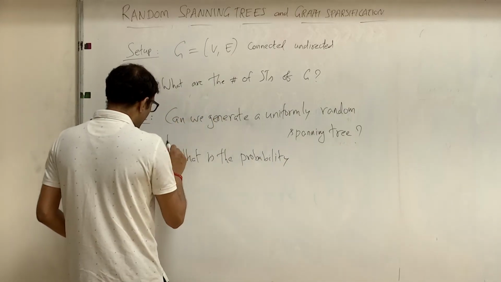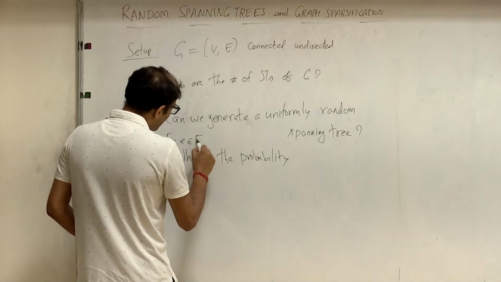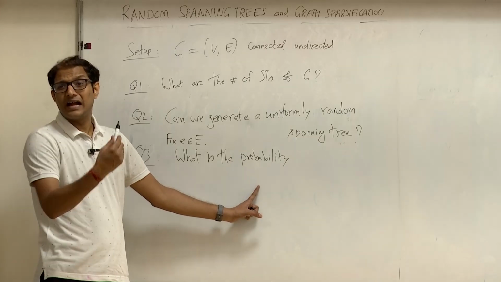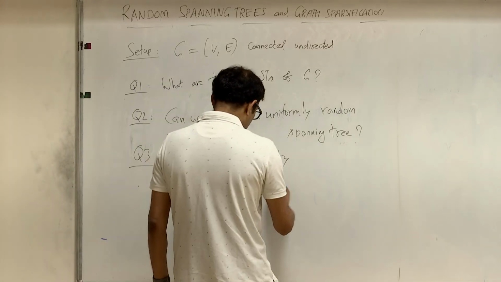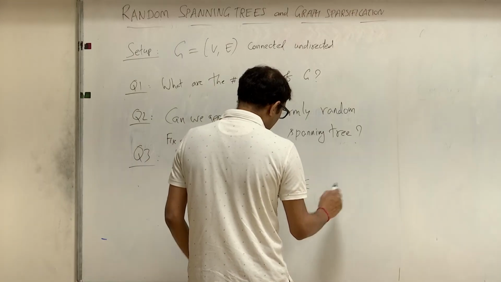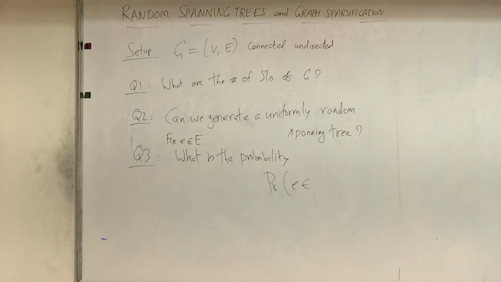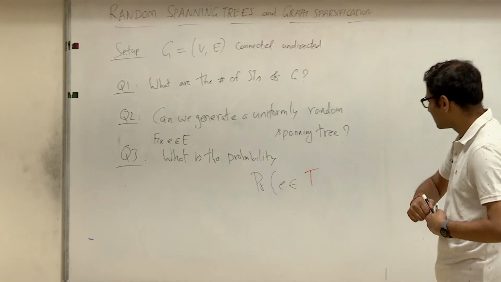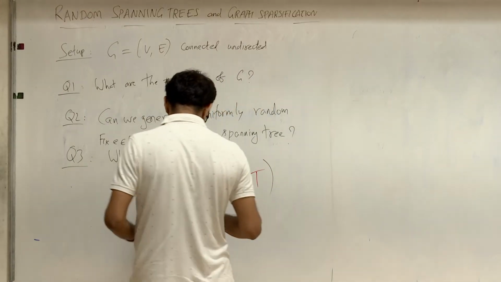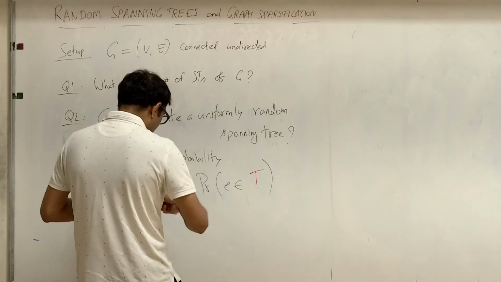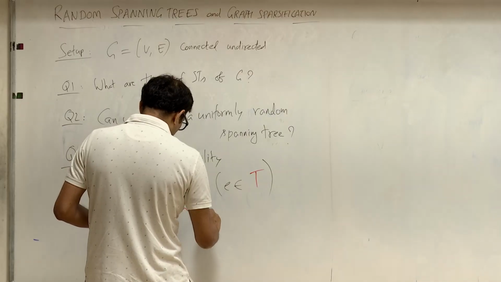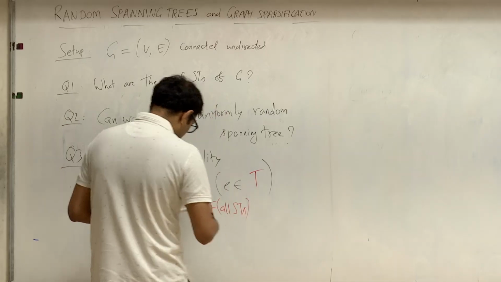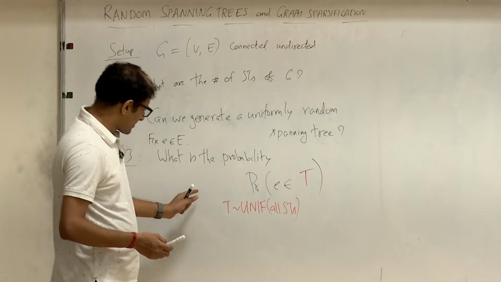So maybe I should first say, fix an edge E, and I'm interested in asking what is the probability that this particular edge E shows up in a random tree. I want to emphasize that the red thing is random, the black thing is deterministic, and this red thing is chosen from the uniform distribution over all spanning trees. So I'd like to compute this probability.